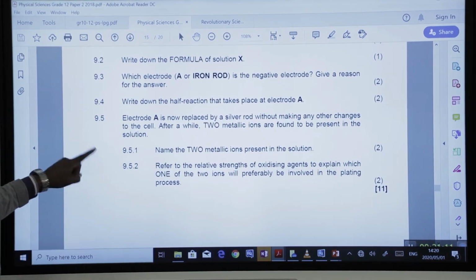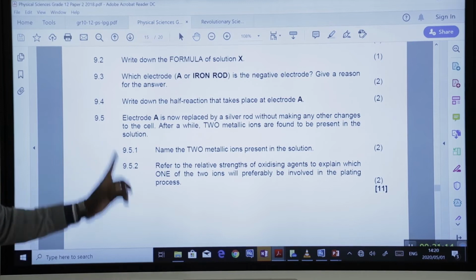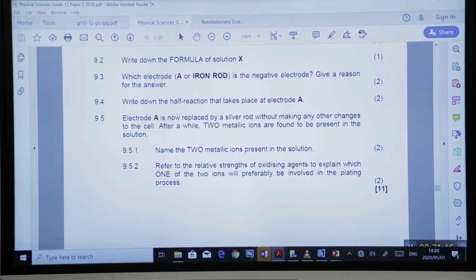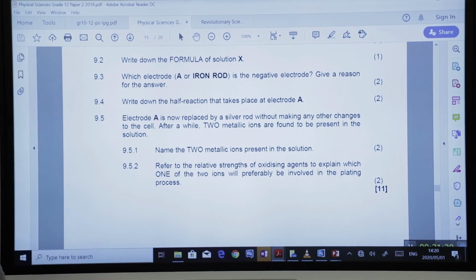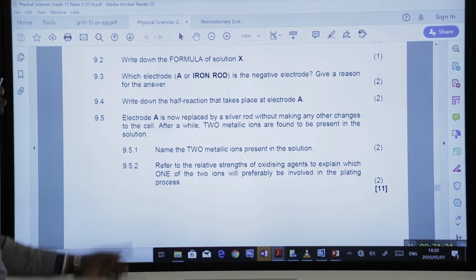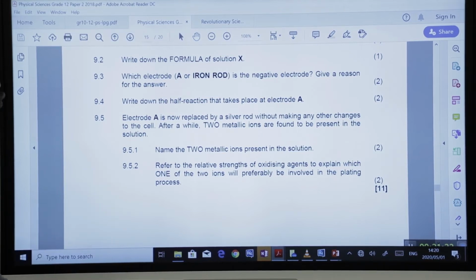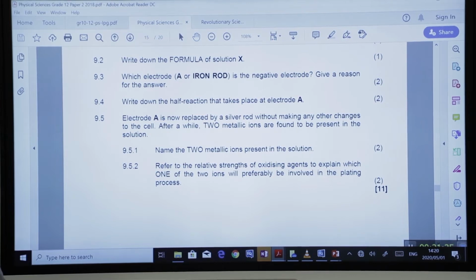Now the next part says electrode A is replaced by a silver rod without making any other changes to the cell. After a while, 2 metallic ions are found to be present in the solution.